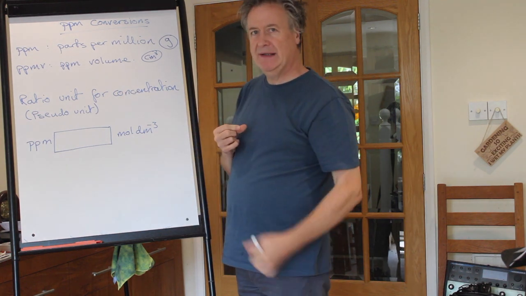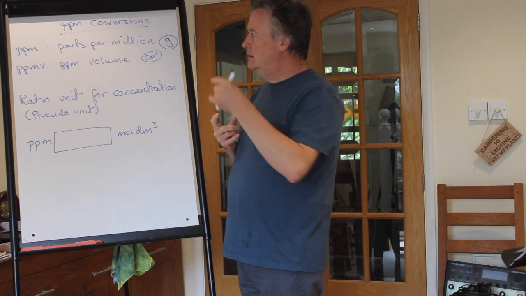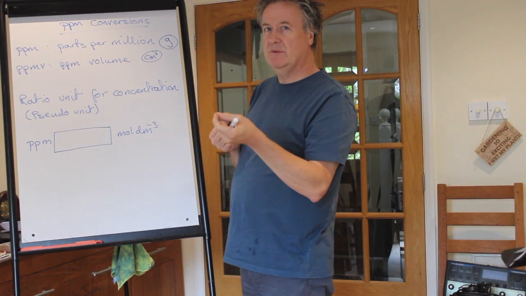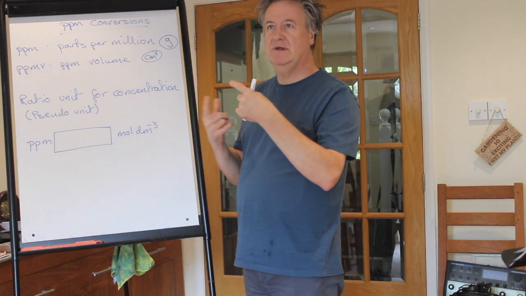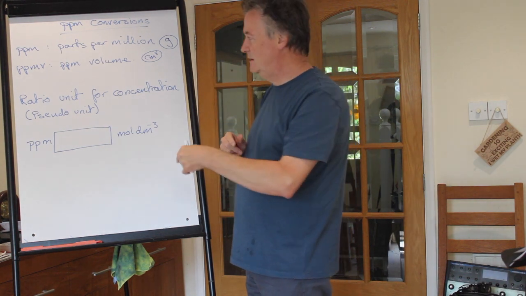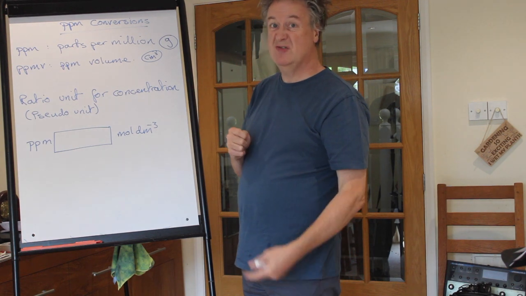What is parts per million? It is just a ratio unit. Unlike concentration in the true sense of chemistry, which is moles per cubic decimetre, parts per million is a ratio where you divide the same thing by the same thing in terms of units, so the units cancel out. Hence it's also termed a pseudo unit, meaning it's not a real unit.